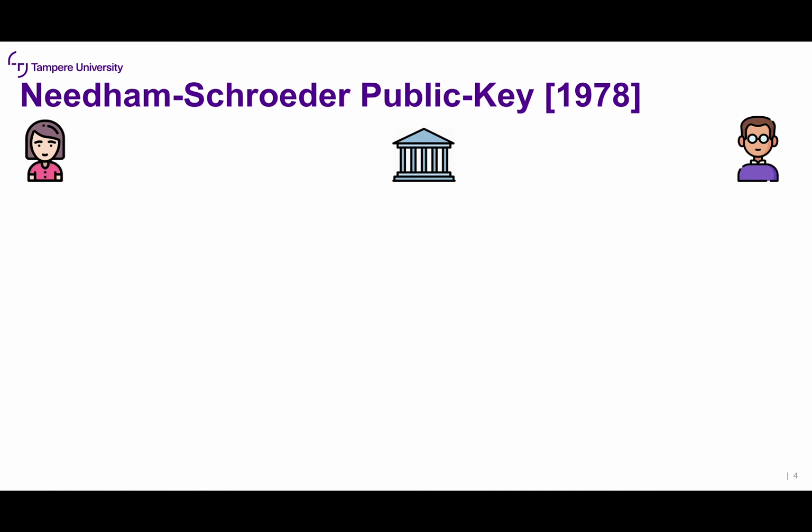So recall that now you are Alice, you wish to communicate securely with Bob. Basically, the first step that you need to do is to get access to Bob's public key, right? So again, we have three entities: Alice, Bob, and a central authority. Now, I don't really call this a TTP, a trusted third party, just because it is not exactly a TTP.